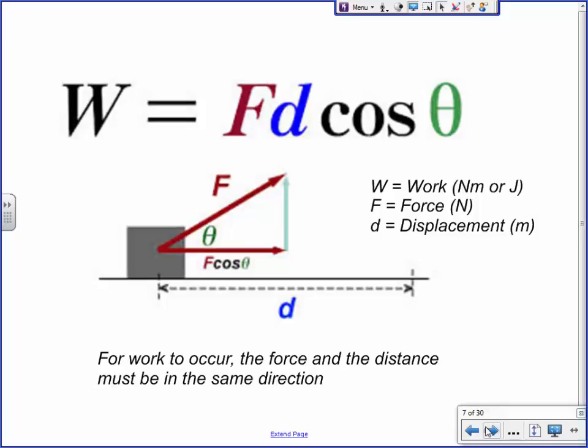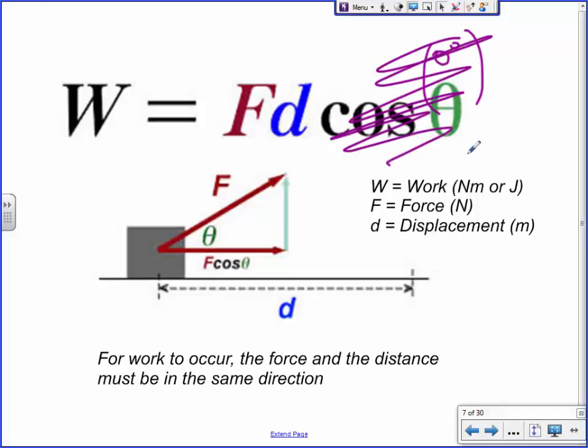The real formula is force times distance times cosine theta. Only when we are usually working with something, our angle is 0 degrees. Cosine of 0 is 1. So normally when we've done this in the past, the angle was 0 degrees. If you type in cosine of 0, it's 1, which means we wouldn't have bothered with it.